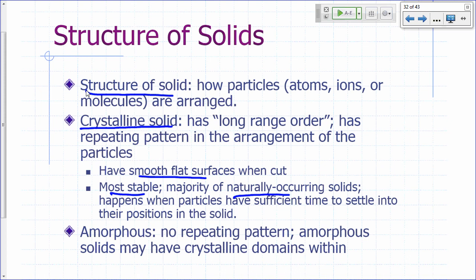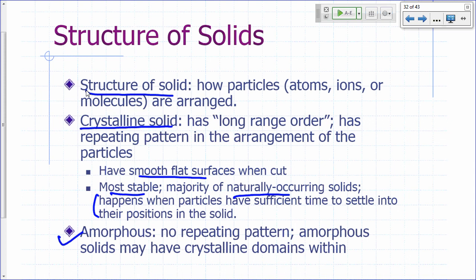So this is what you get if you give the particles, the atoms, the ions, or molecules that make up your solid, enough time to settle into their positions in the solid. The most stable arrangement that they will assume would be the one that leads to what we would call a crystal. Now, another type of structure where there's no repeating pattern is called amorphous.